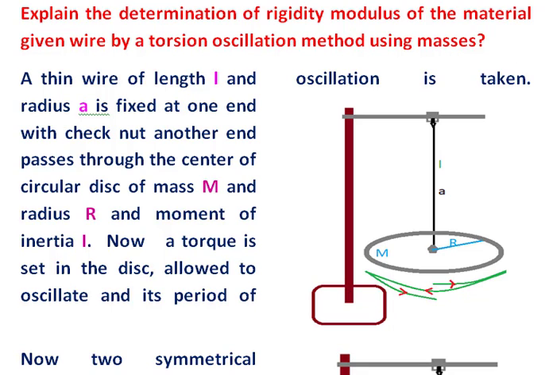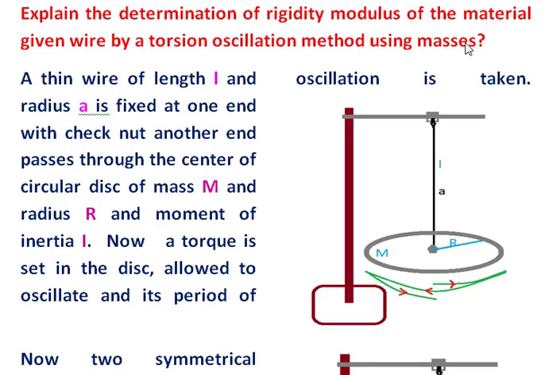Dear students, today we will discuss the rigidity modulus of the material of the given experimental wire by the torsional oscillation method using masses.